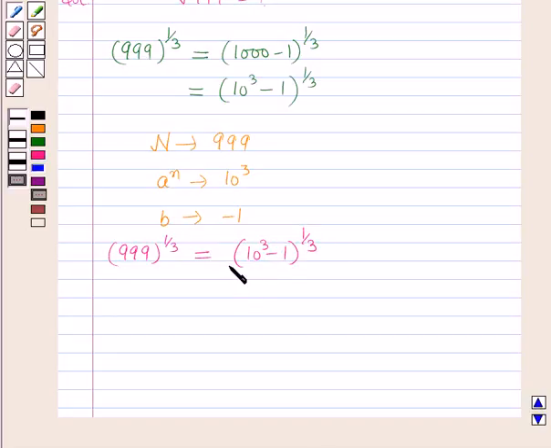Now, we have to expand this expression. But before expanding this, we have to make the first term equal to unity. So this will be equal to (10^3)^(1/3) inside (1 - 1/10^3)^(1/3).